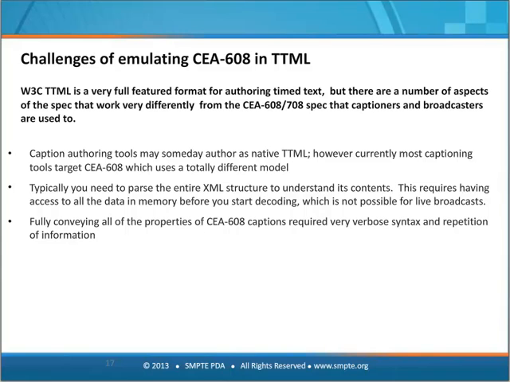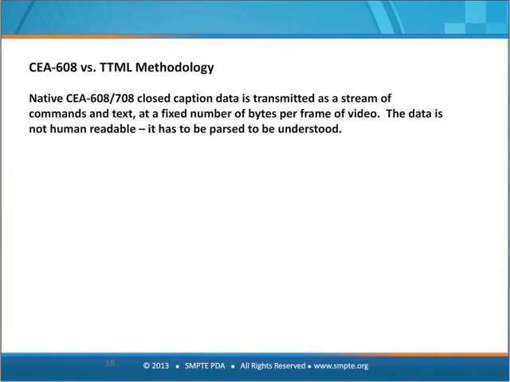And fully conveying all of the look and feel and properties of the 608 captions in TTML used to require very verbose syntax. You had to repeat a lot of information. It made the file very long, very wordy, to get all of those formatting things to look identical to 608. And SMPTE addressed that, and TTML is addressing that as well.